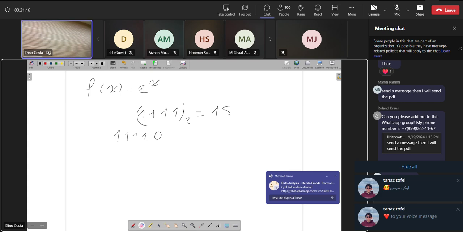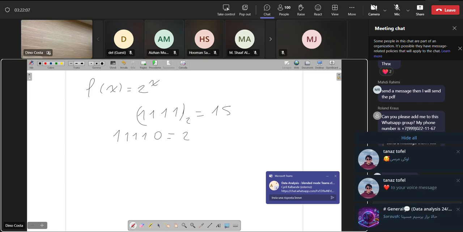In that case, it was multiplying by 10. Here it is 2, because we are multiplying by 2 instead of by 10. Pay attention. This is 2 raised to 0, 1, 2, 3, 4.